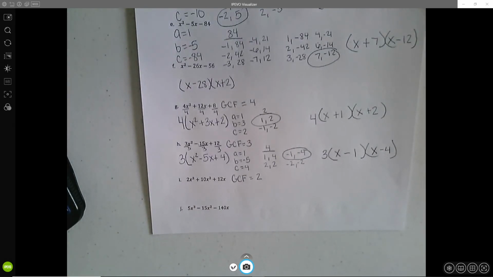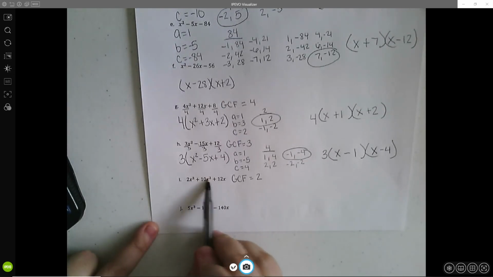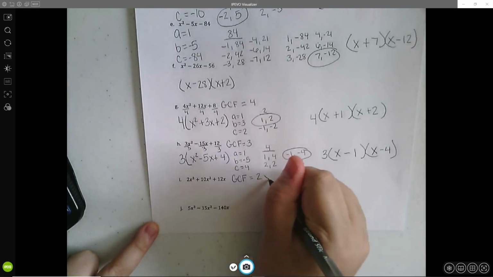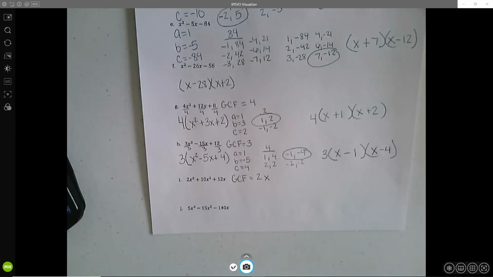Now we run into a problem. These last two problems also have a variable that is part of the GCF. Every one of these terms has an x, so remember that tells you you can take out an x. And how to know what to take out is you always take out the x or the variable that has the lowest exponent.